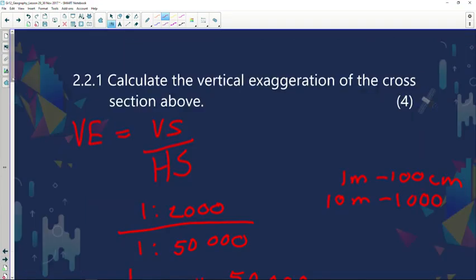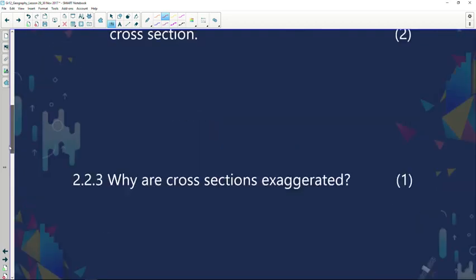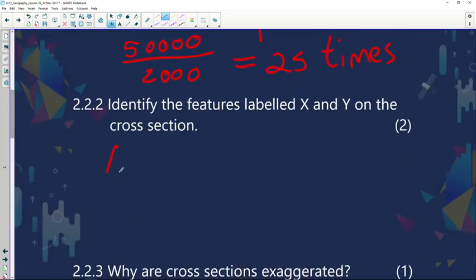X is cultivated land. And Y was a power line.